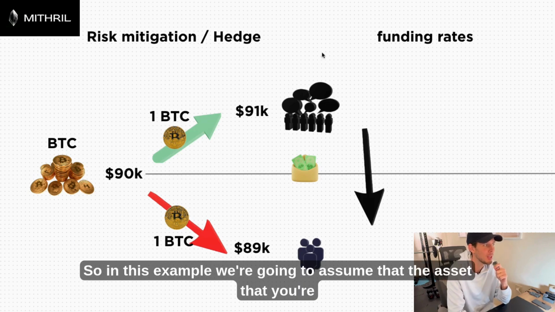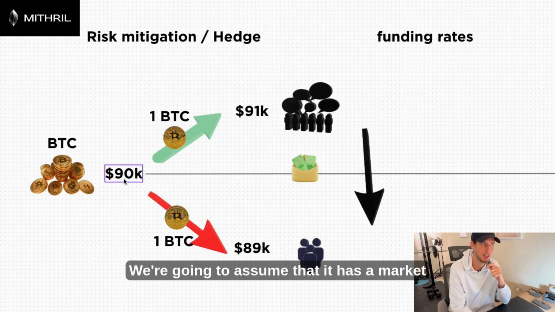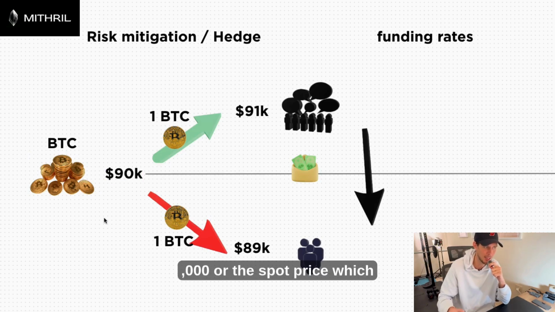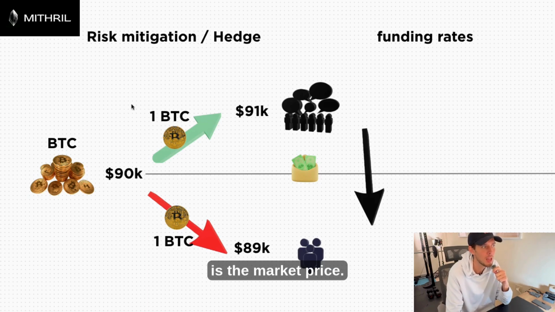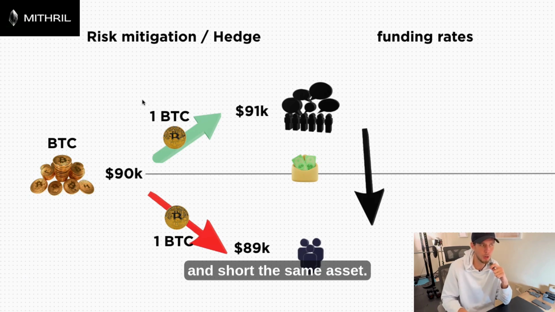Let's jump into it. In this example we're going to assume that the asset you're holding is Bitcoin, or BTC. We're going to assume it has a market price, or spot price, of $90,000. A delta neutral means that you go long and short the same asset.